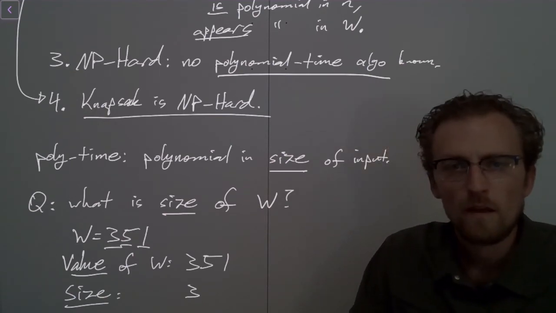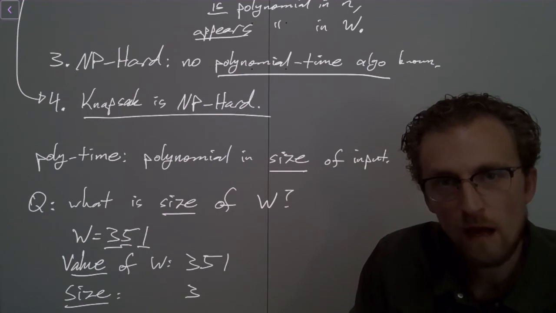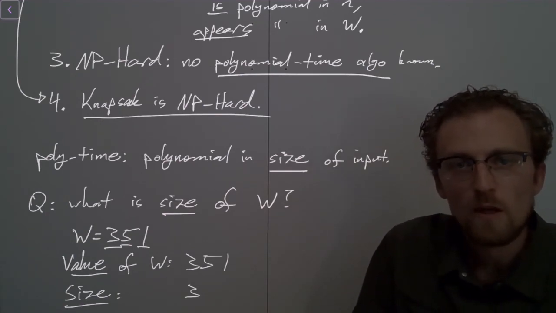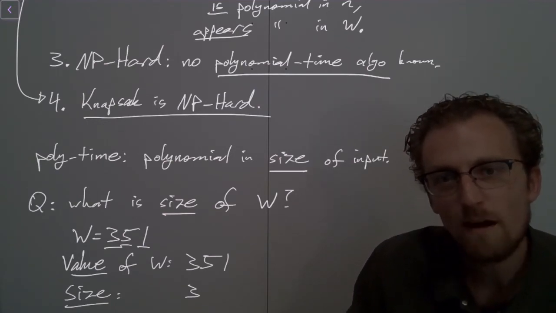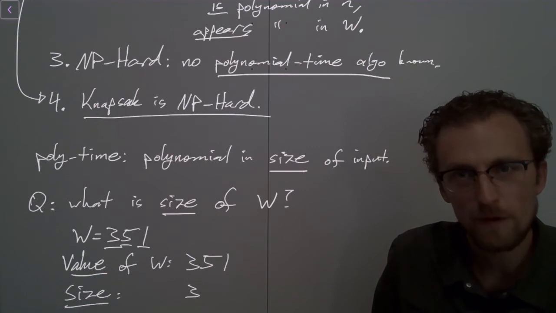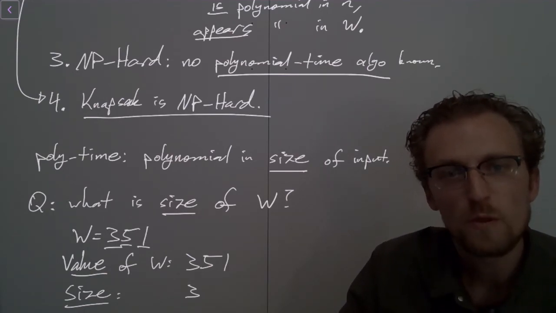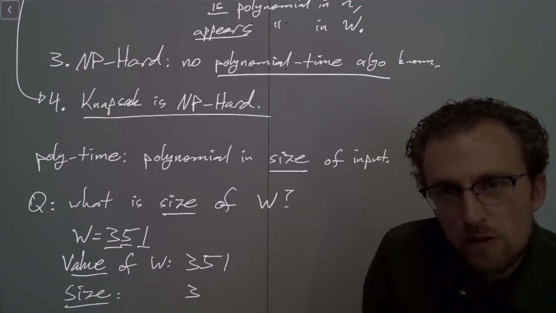Okay. So when we talk about the size of numbers in terms of algorithms, and especially as they relate to algorithm complexity, we mean not the value of the number, we mean the size of the representation of the number. And it turns out that the relationship between the size of a number and its value is exponential.